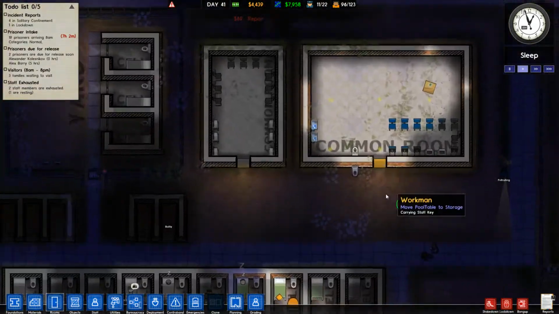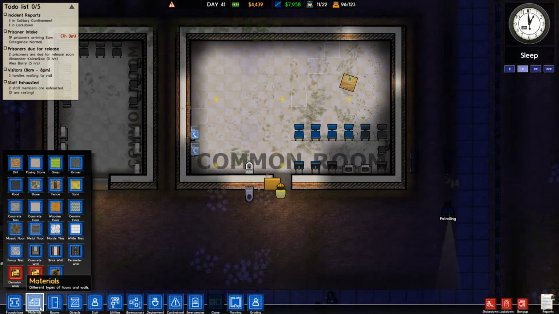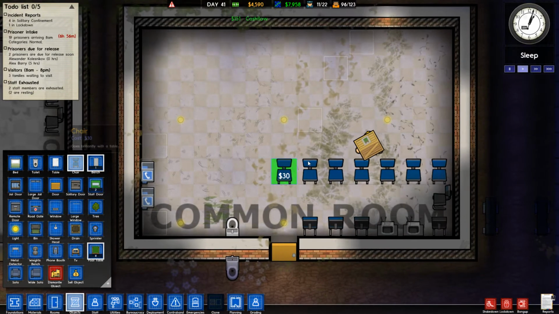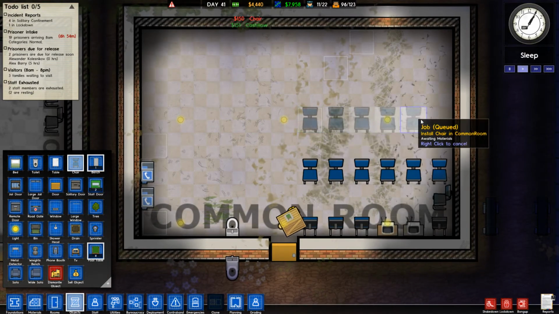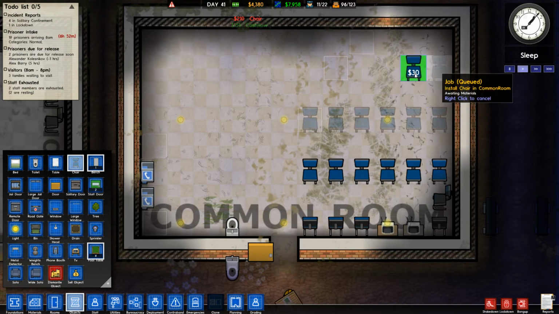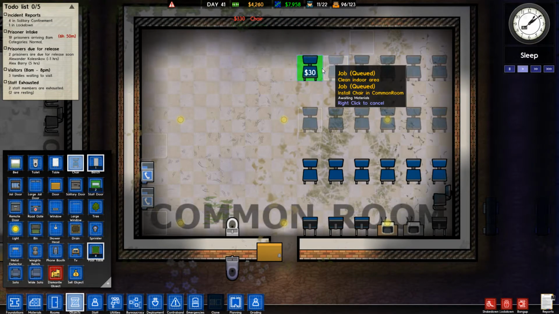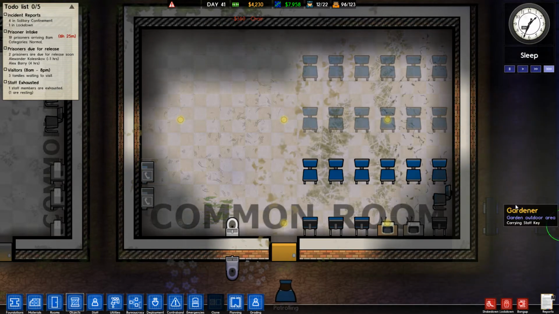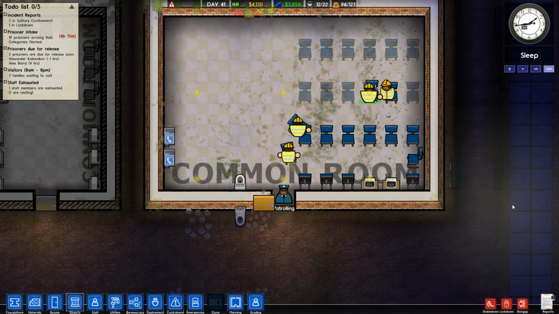Okay, so we got the cells done. We got that part done. Add some chairs. That should have more than enough chairs to make sure everybody gets a seat in the alcohol prevention program.